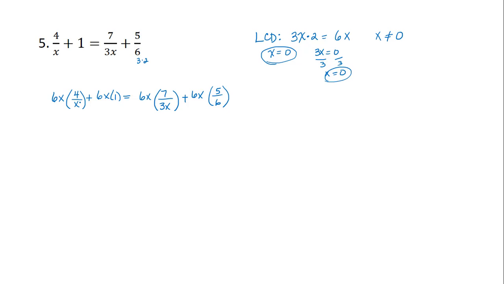Dividing out the common factor from the first product, the x is common, so we are left with just 6 times 4, or 24. 6x times 1 is 6x. 6x divided by 3x is 2. 2 times 7 is 14. 6x divided by 6, the 6's are common, which divide out, and x times 5 is 5x.